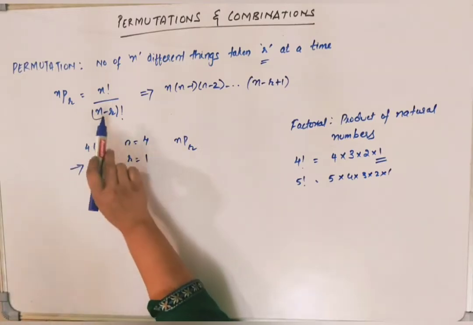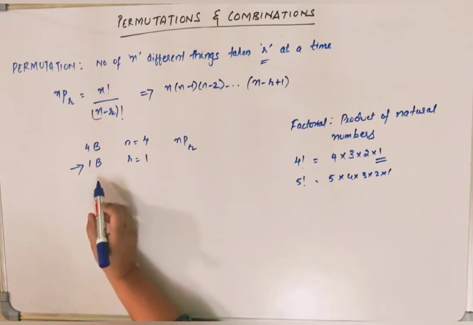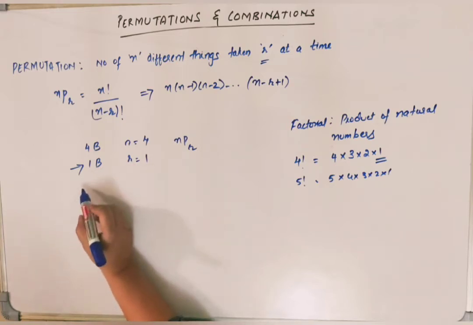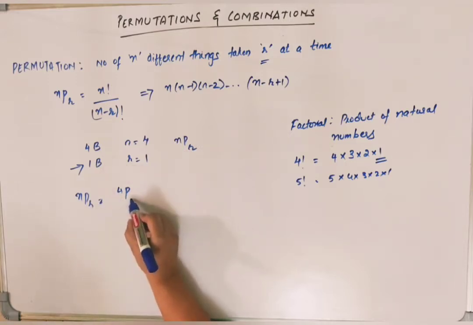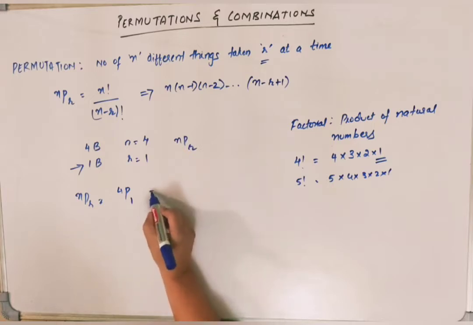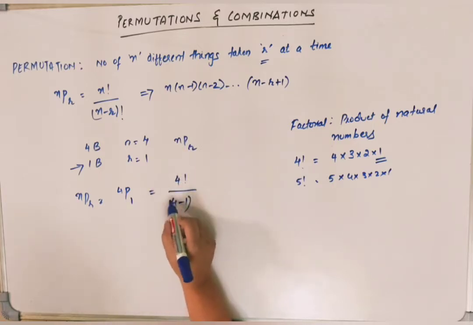So nPr is n factorial by (n minus r) factorial. Now in the same bowler case, we have 4 bowlers. So nPr would be nothing but 4P1, because r is equal to 1 as we are choosing one bowler. If you apply this formula, it's going to be 4 factorial by (4 minus 1) factorial.